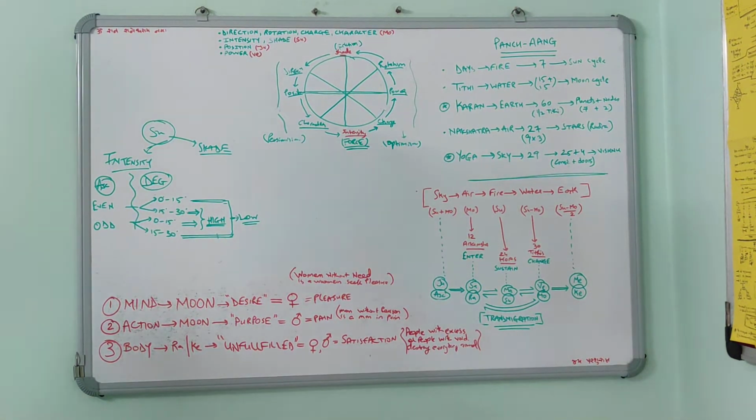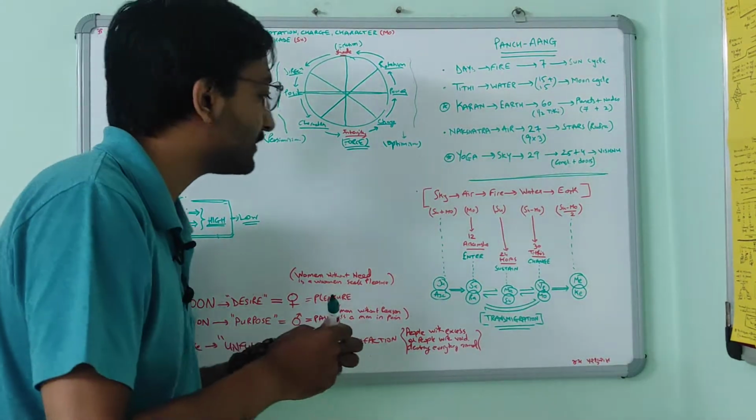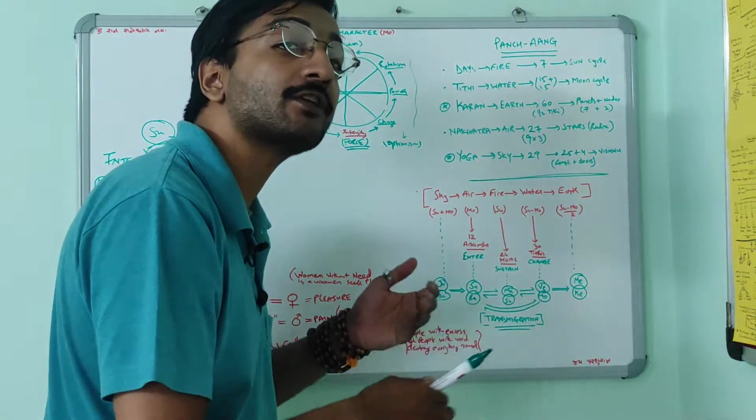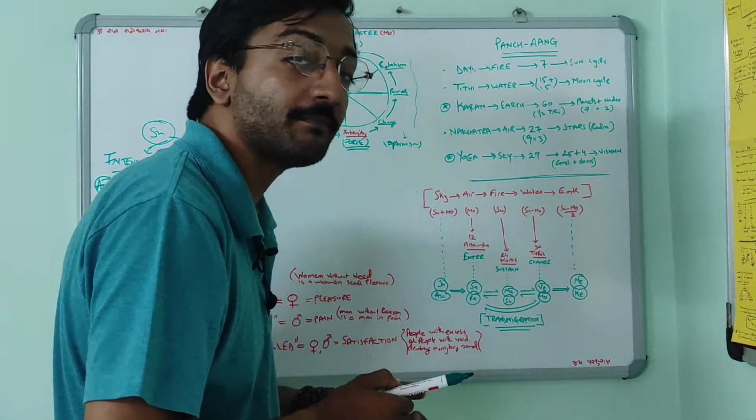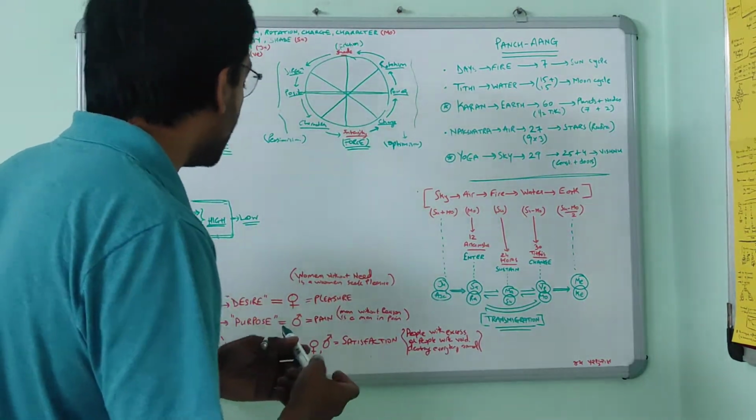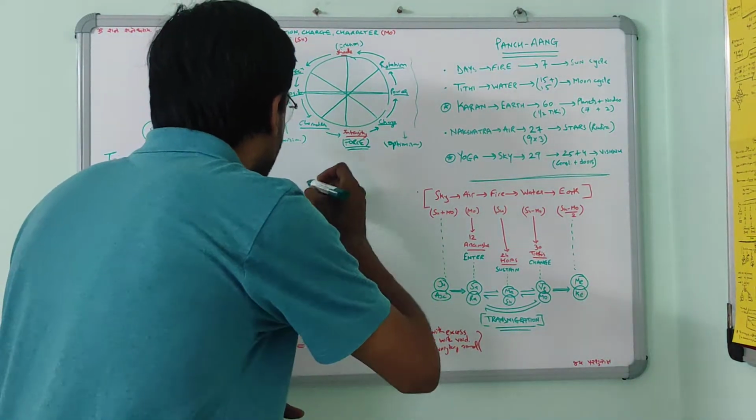For that we are just understanding the digbals. What are the digbals? Digbal shows the direction. The directional strength is called digbal. We'll make a chart over here just to understand digbal.